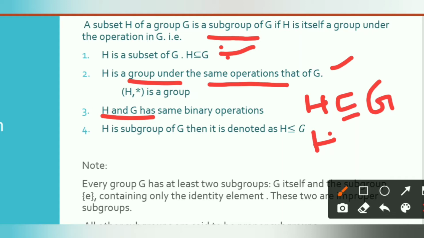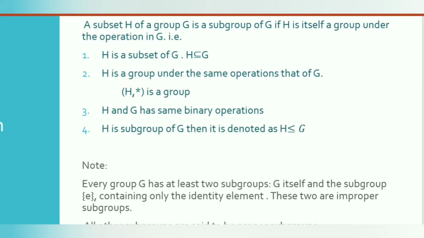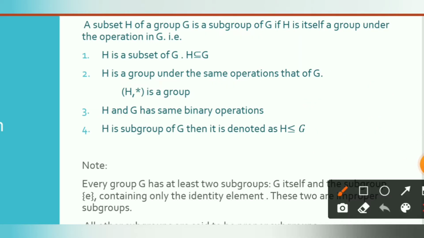If it is a subgroup, then we put the sign of less than or equal to. H is a subgroup of G, and this equality means it can be equal to itself, meaning G is a subgroup of itself.